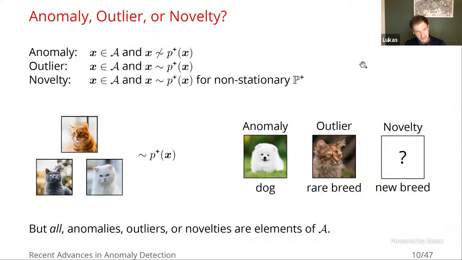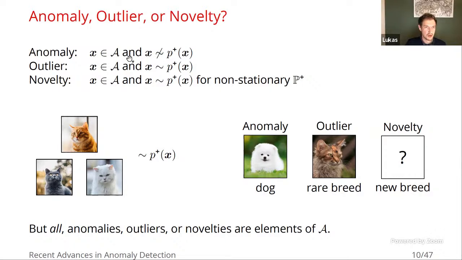Okay, and there are 3 related areas that deal with this type of problem, which are called anomaly detection, but also outlier detection and novelty detection. And in the probabilistic definition that I've just given, all of them are elements of this low density region, but they usually express different preferences or assumptions about an application.